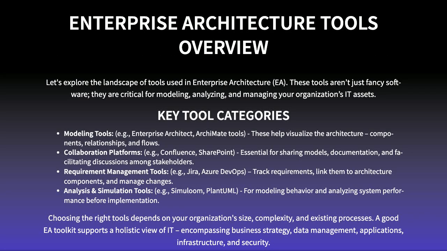Okay, let's talk about the toolbox for enterprise architecture. There are quite a few different types of tools out there that help us build and manage our organization's IT landscape. We have modeling tools like Enterprise Architect or Archimate software, which really let you visualize everything, how your components connect and flow together. Then we need collaboration platforms like Confluence or SharePoint to keep everyone on the same page when sharing models, documents, and discussing ideas.